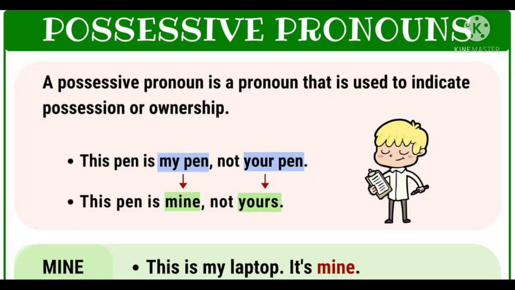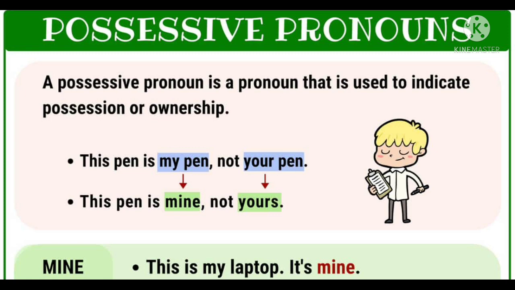The second kind of pronouns are possessive pronouns. What are they? A possessive pronoun is a pronoun that is used to indicate possession or ownership. They show who or what owns something.